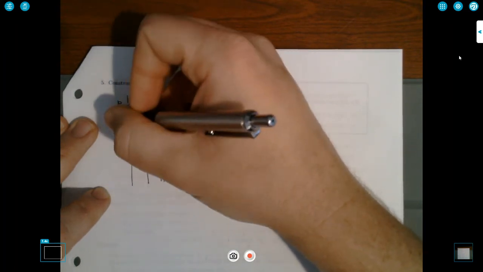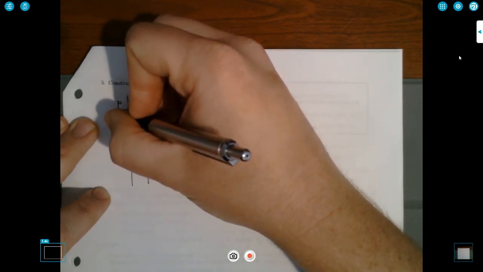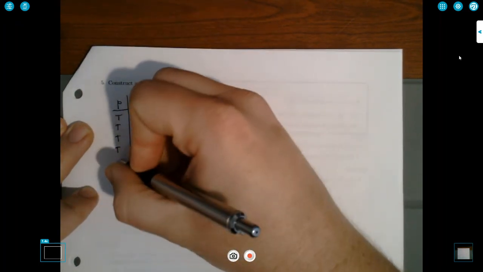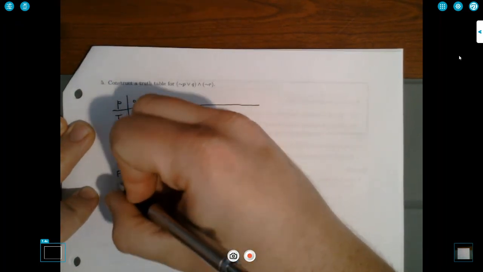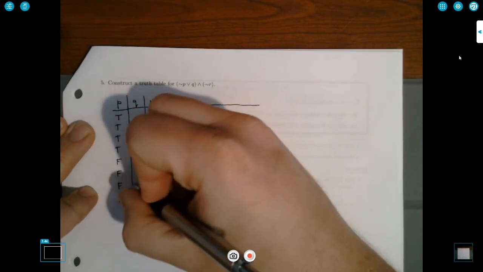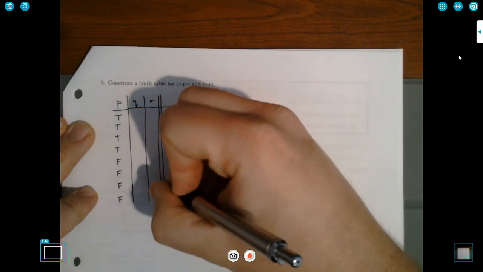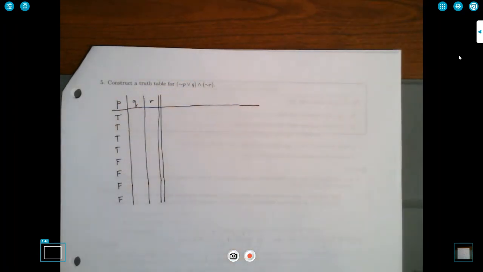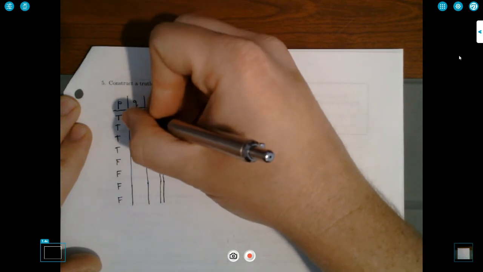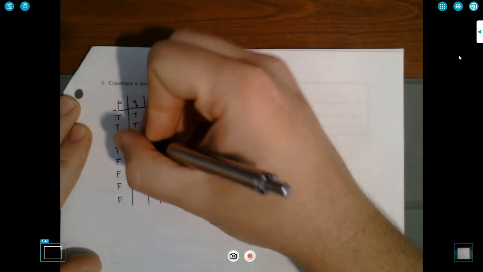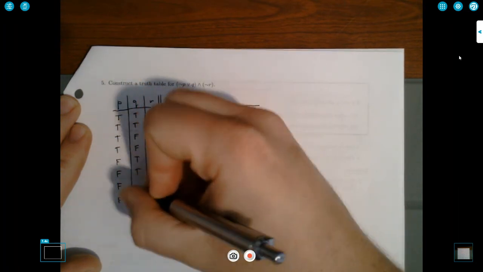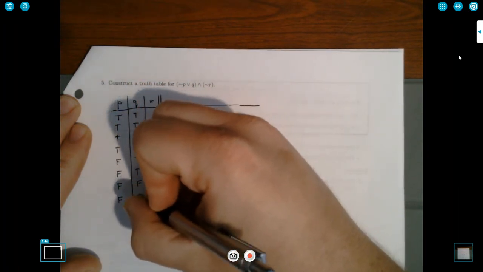So for P, the first half of them, so the first 4 of them, are going to be true. And then the last 4 are going to be false. For Q, it's going to be true, true, false, false, true, true, false, false.